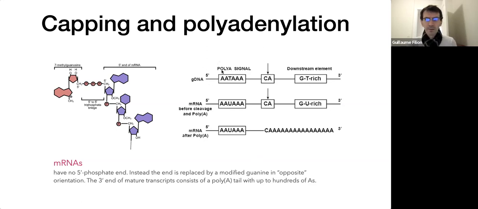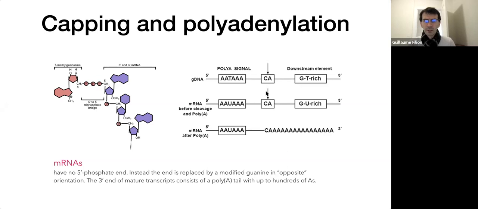So how does that work? You have the poly-A signal here, which is usually AATAAA, but not always. Right? That's a consensus. And so you've got other mechanisms. This is just one of the possible sequences which is there. So when the RNA polymerase hits that, it's going to transcribe it. Okay, this is created. And then this is here the mRNA version of the DNA, which is on top.